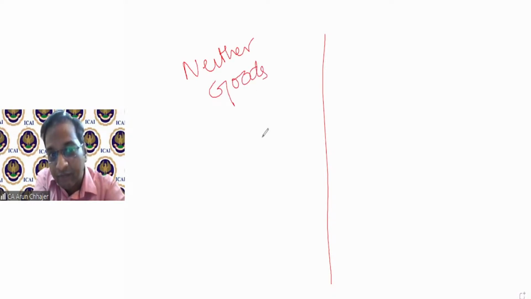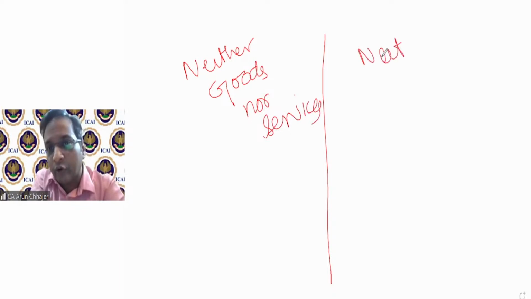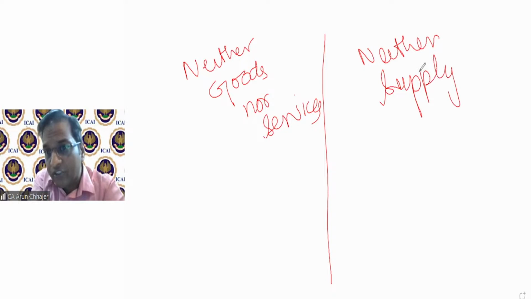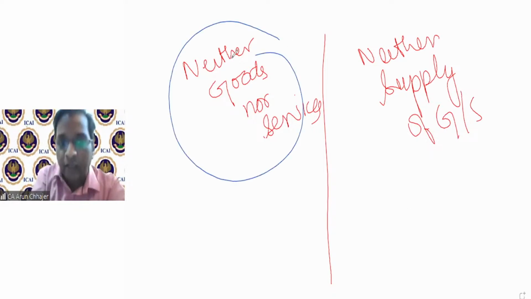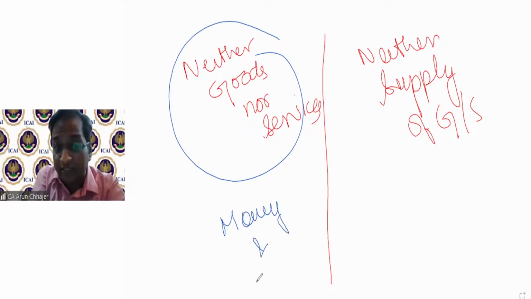If I am saying neither goods nor services, and if I am saying neither supply of goods nor supply of services, then the answer for the first would be money and security, which we just now discussed.